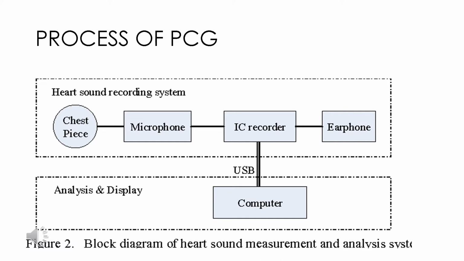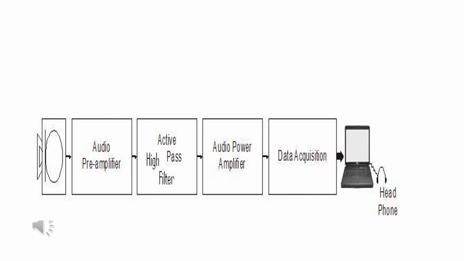And in order for us to see the waveforms of the heart or the activity of the heart, the IC recorder is connected to the computer, or we can also hear our own heartbeats using the earphones. The last slide also shows the diagram of how PCG works.